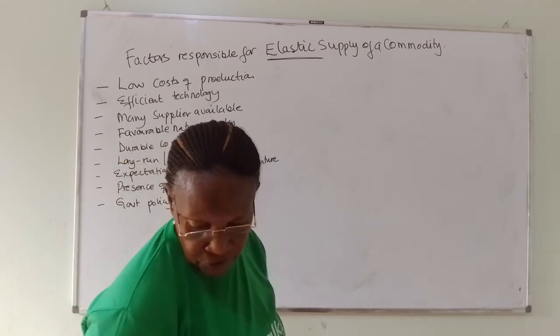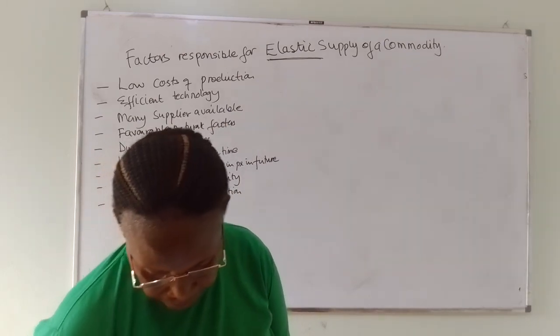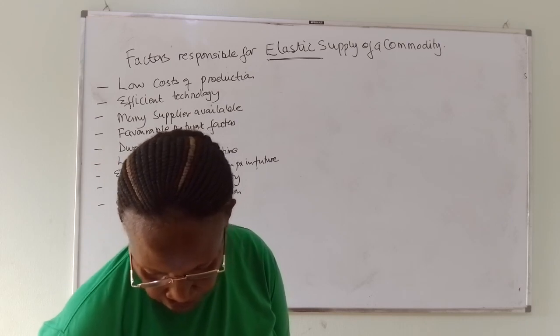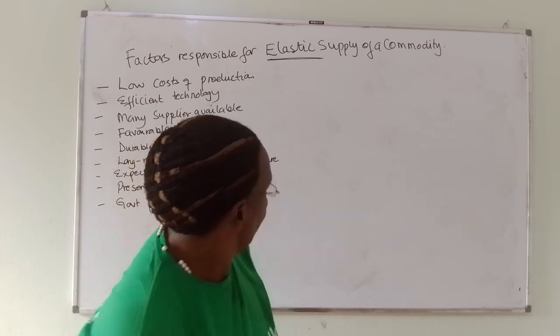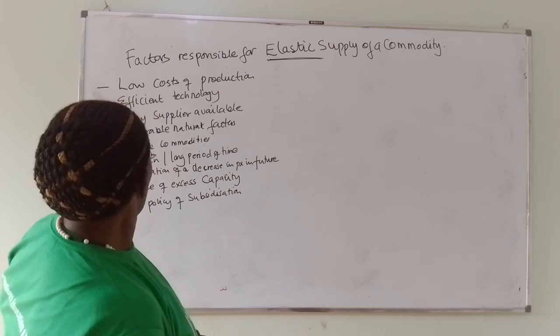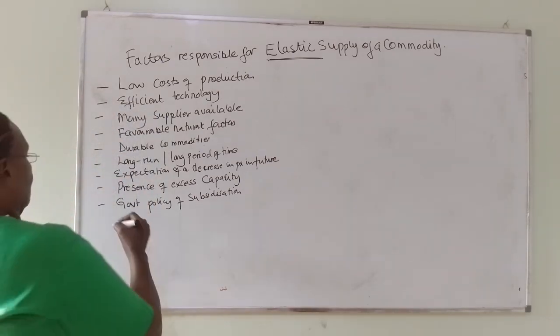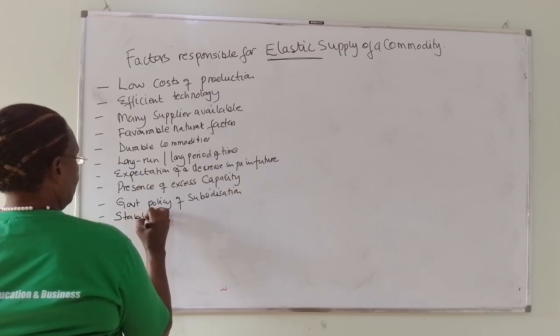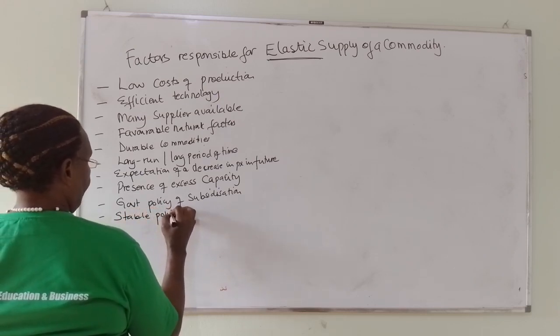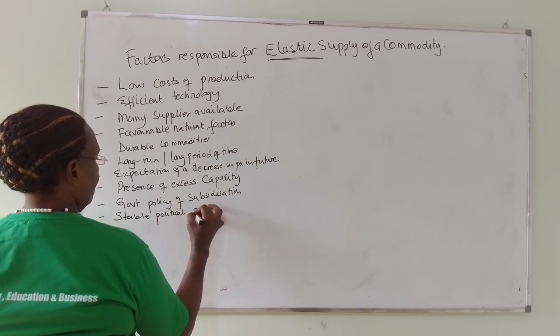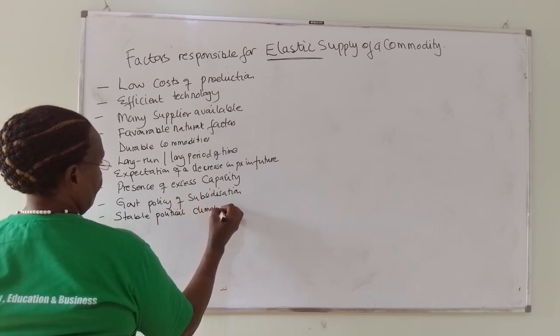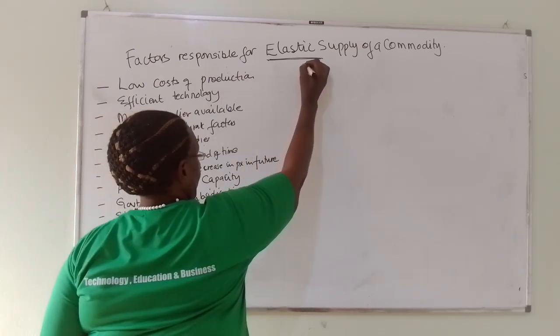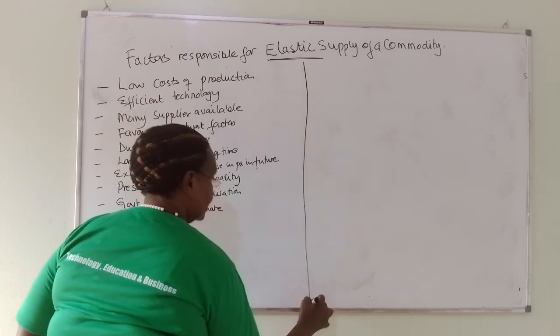And you also have the political climate, stable political climate. So that is to do with elastic supply.